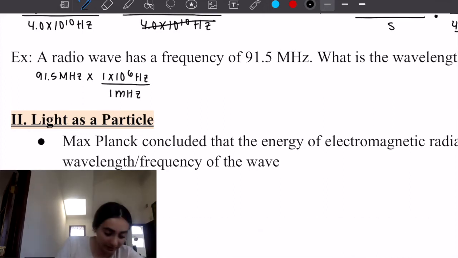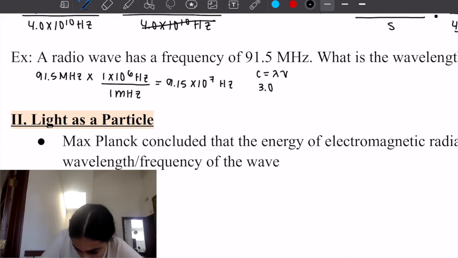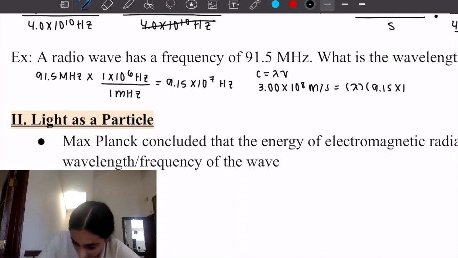So if we multiply 91.5 times 1 times 10 to the 6th, we get 9.15 times 10 to the 7th hertz, and then now we can plug that into our c equals lambda nu equation. So we have 3.00 times 10 to the 8th meters per second equals lambda, and then 9.15 times 10 to the 7th hertz.